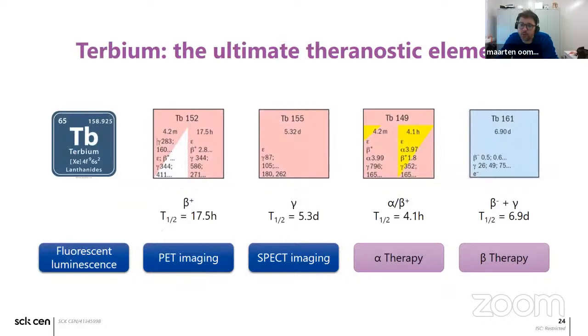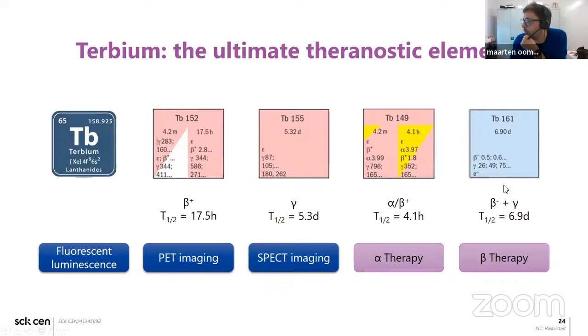Terbium-161 is a unique radionuclide in the sense that within the terbium series there are a lot of brother and sister isotopes. I don't know whether that's male or female, but brother or sister isotopes, which actually have the same chemical element. They're all terbium isotopes. However, they span the entire spectrum of nuclear medicine.